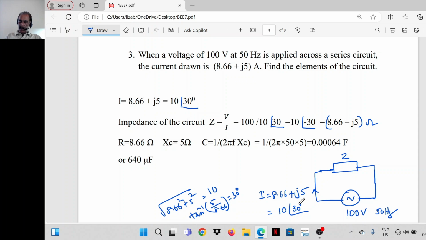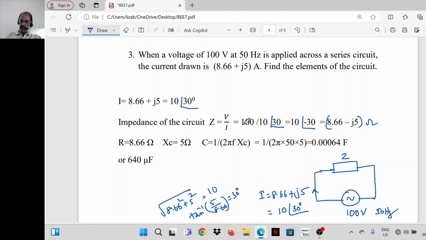So the impedance of the circuit is Z equals V by I. V is 100 volts, I is equal to 10 angle 30. Taking voltage as reference, 100 angle 0 divided by 10 angle 30.